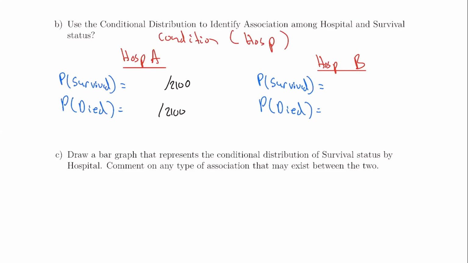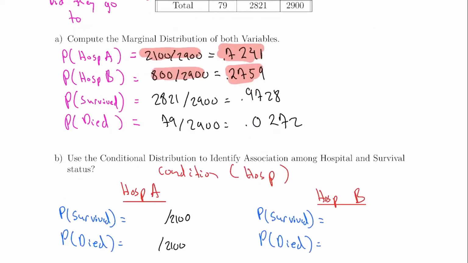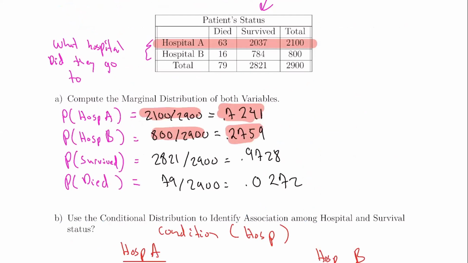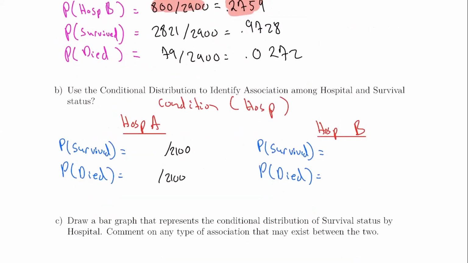Because since we're putting the condition that they had to have gone to hospital A, I don't want to focus on people who went to hospital B. I just purely want to focus on people who went to hospital A. So of the people who went to hospital A, how many of them survived? Cool. So we'll put 2,037 here.